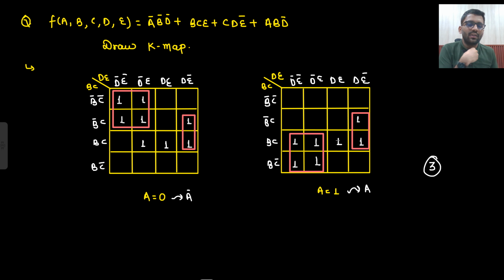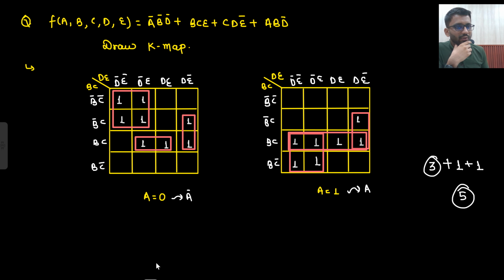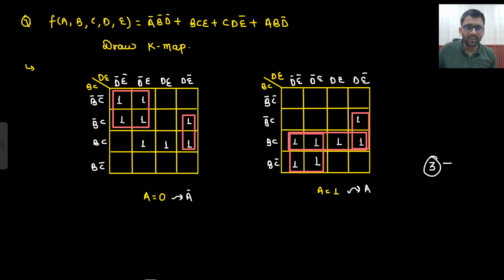So if I make this quad, then another pair I have made, and if I make this pair, then another clubbing I have done. So total clubbing is 5: 1, 2, 3, 4 and 5. Agreeing? Now if I had been a bit smarter, what could I have done? Here I would have done this pairing.